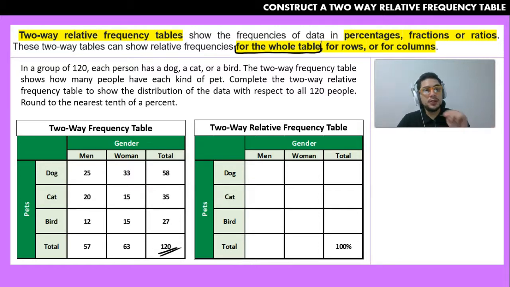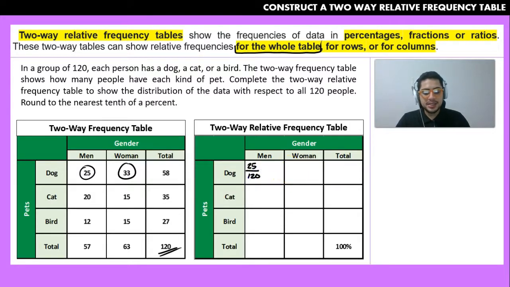So for example, with the first row, we see that 25 men have dogs and 33 women have dogs. So what can we do? We divide 25 by the total, which is 120, right?